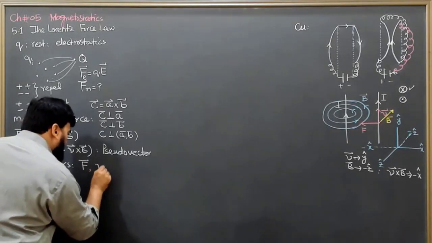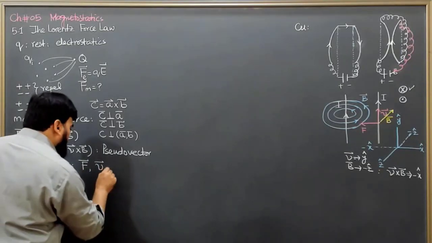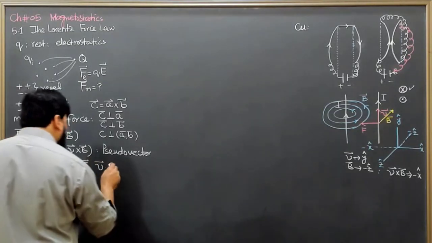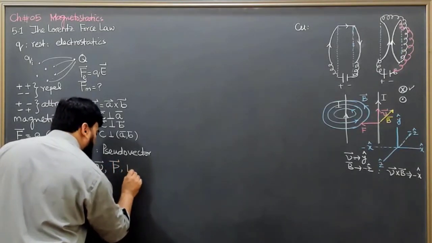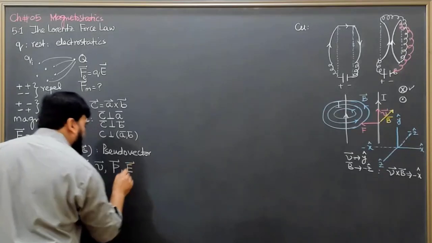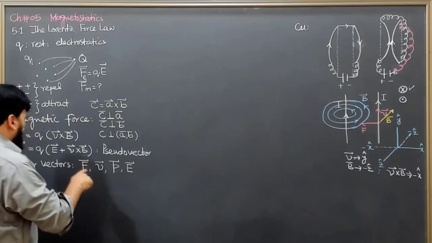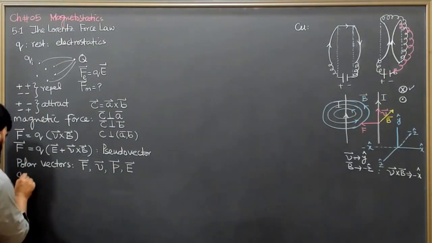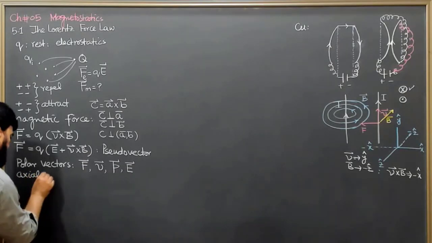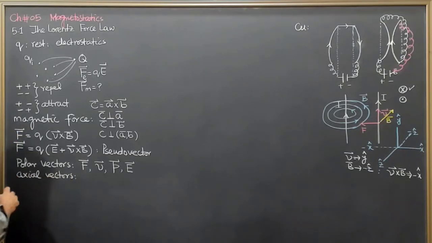We have V here, it's a polar vector. We have the momentum. We have the electric field. And so on, many others as well. So these are called polar vectors, and then there are vectors which we call axial vectors or pseudo vectors.